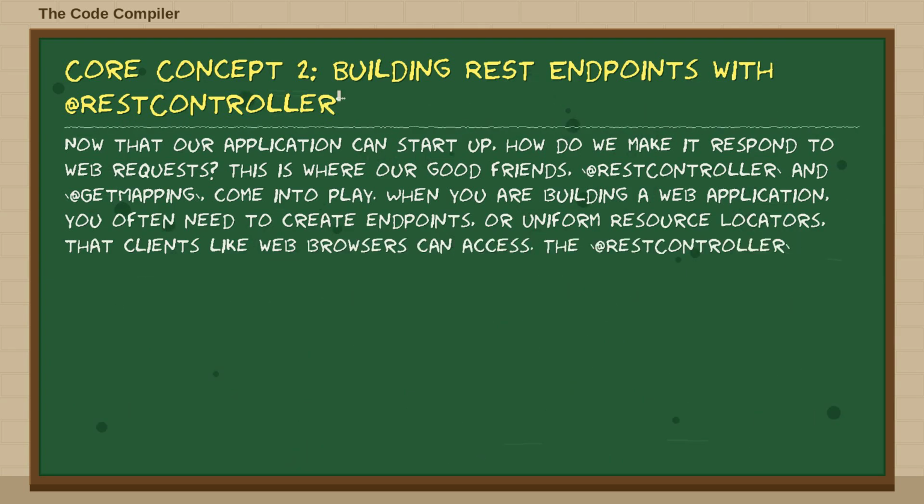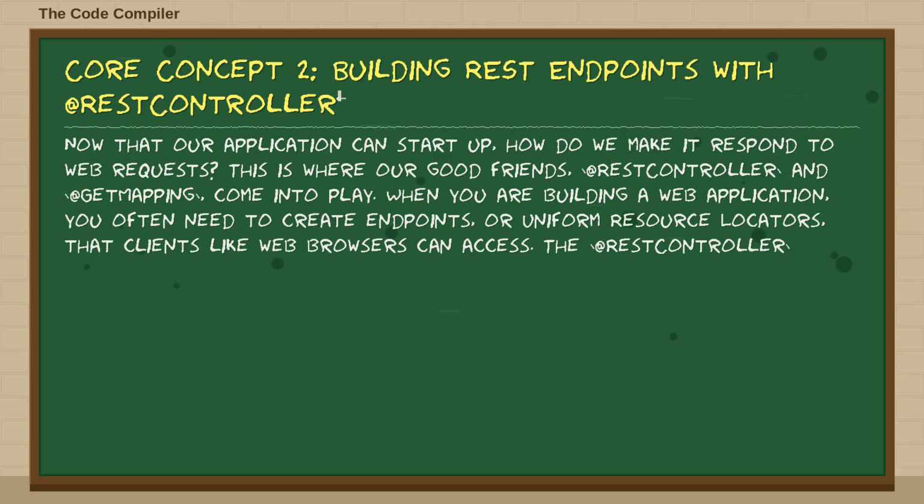The @RestController annotation is a specialized version of @Component that marks a class as a controller where every method returns a domain object instead of a view, and Spring automatically converts it to JavaScript object notation or extensible markup language.